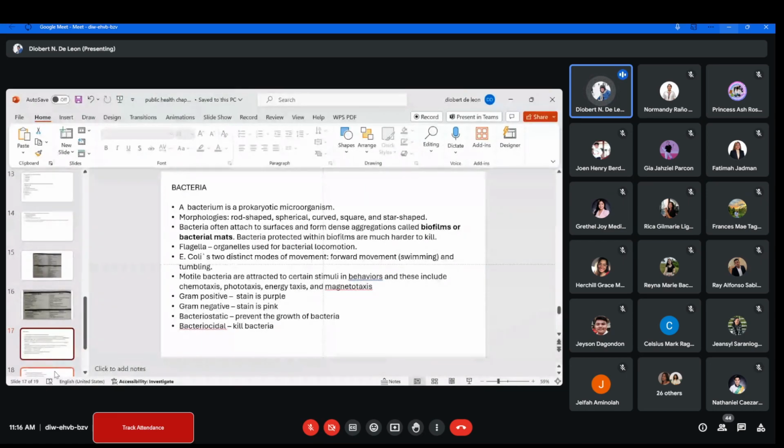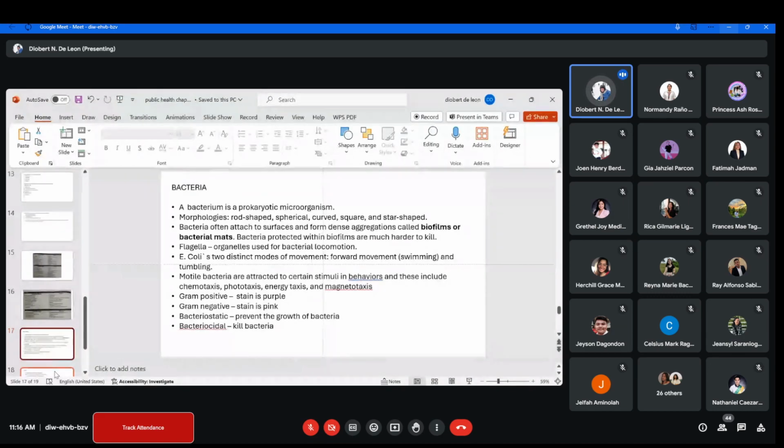So dapat malaman na natin kung bacteria ba, virus or fungi ba siya. Okay, because we cannot give an antifungal agent or medication to a person having a virus infection, no? Hindi na siya maayo.